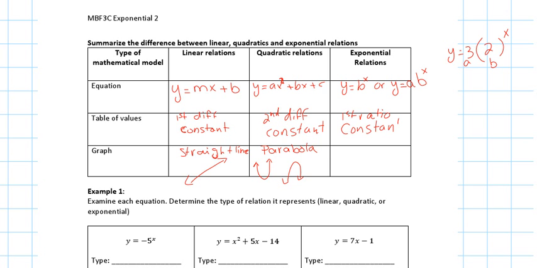So it's going to be one side almost horizontal, while the other is increasing or decreasing fast.